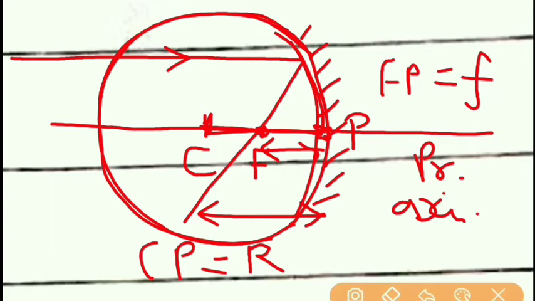The relation between F and R, that is F and the radius of curvature, is that F is always half of R for a concave mirror.